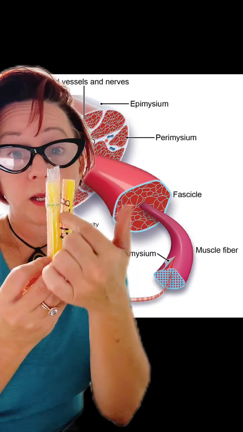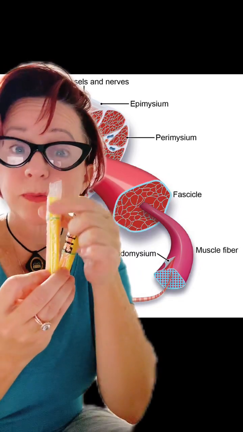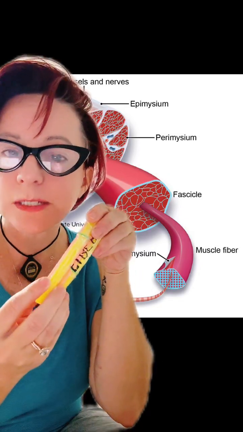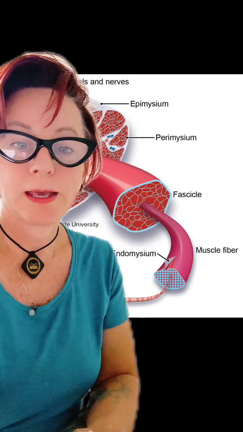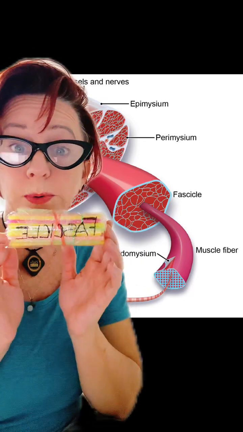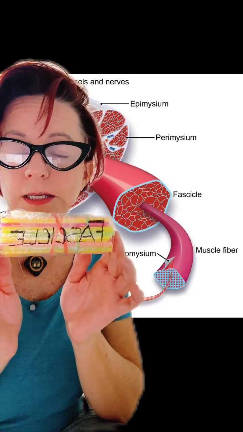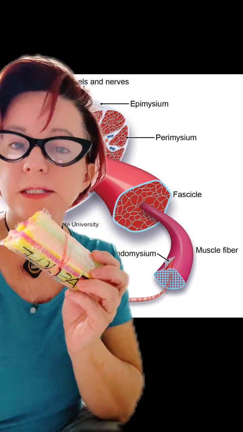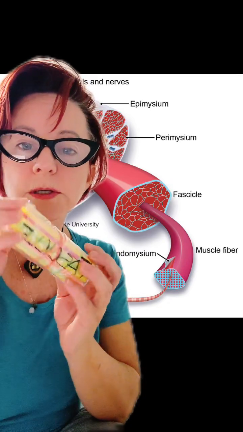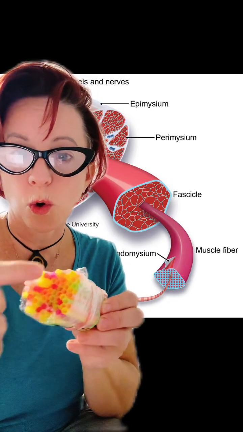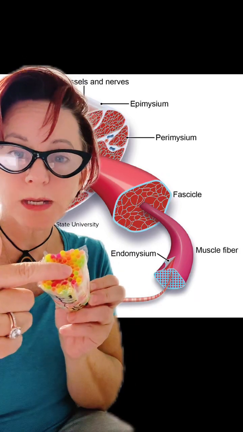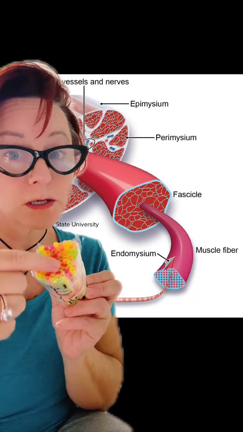Now remember, each fiber is wrapped in fascia. This is how deep fascia goes. And now here we have a group of all the muscle fibers into a fascicle. So you got about 60 to 100 muscle fibers wrapped each in their own endomysium fascial covering.